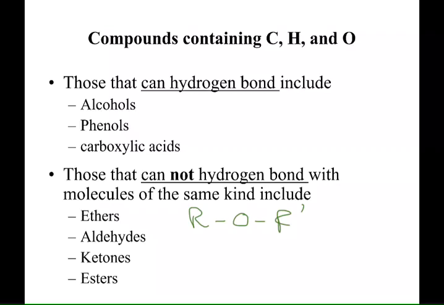Aldehyde has the carbon terminal. So I have carbon, hydrogen, and then that carbon has a double bond oxygen, and then I have my R over here. So that's aldehyde. And I'll switch to blue for my ketone. The difference between aldehyde and ketone is ketone has the carbon, double bond oxygen, and it's not on the exterior. So I'll put an R prime there and an R here. So that's the difference between the two.